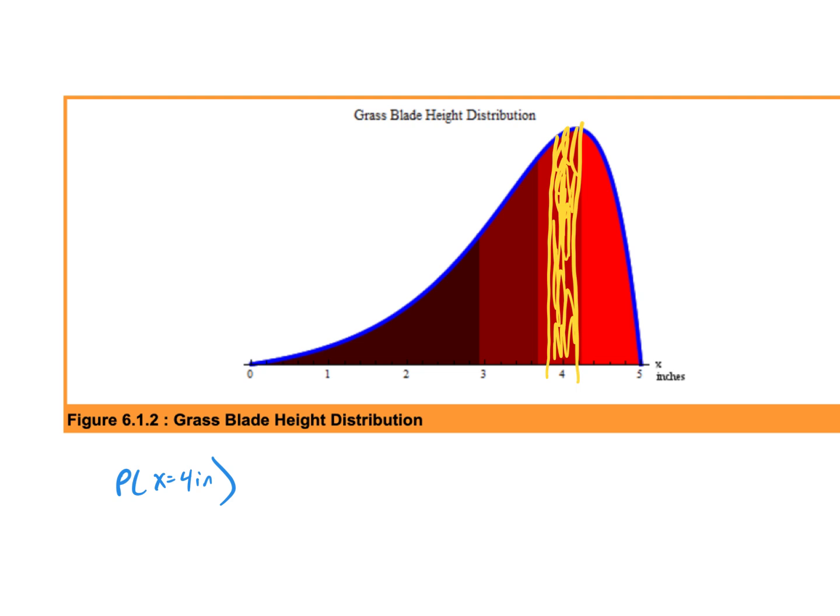So in reality, if I wanted to find this, I'm really asking, what's the probability between 3 7/8 and 4 1/8? What I'd want to do is take that yellow area over the total area.